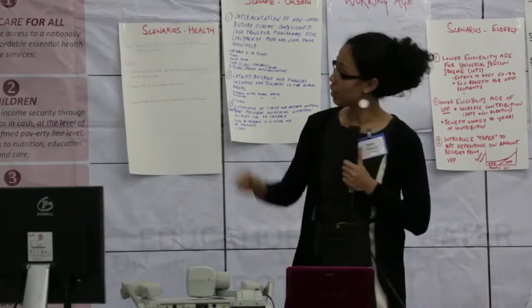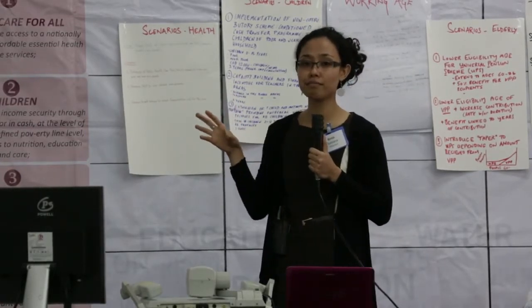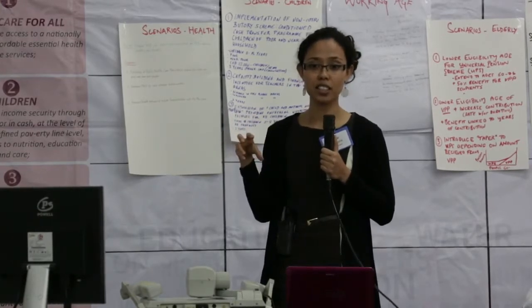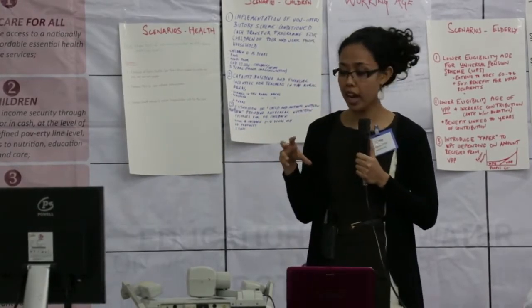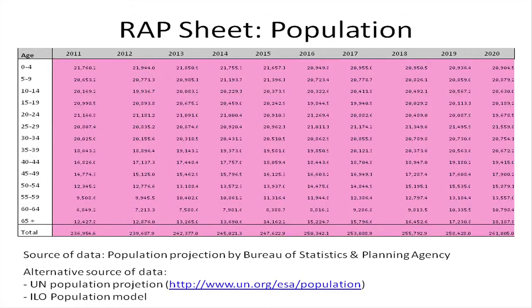So, and this is, as I said, the biggest part of my work, collecting the information. First, we have the population sheet. You don't have to pay attention to the number because it's too small for you to see anyway.